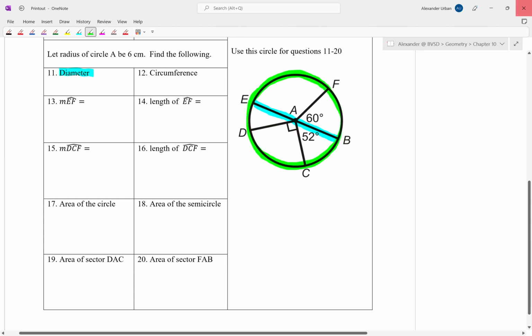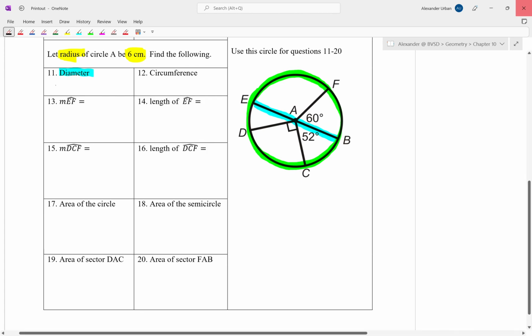Okay, we're going to want to, in this case, utilize all the things that we are given. So we need to make sure that we understand what's given to us. It says let the radius of circle A, in this case this is circle A because the center is A, be 6 centimeters.